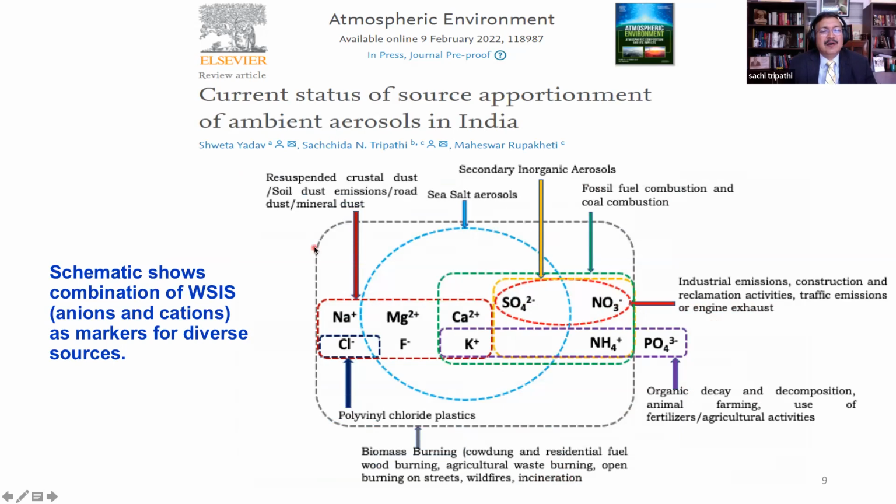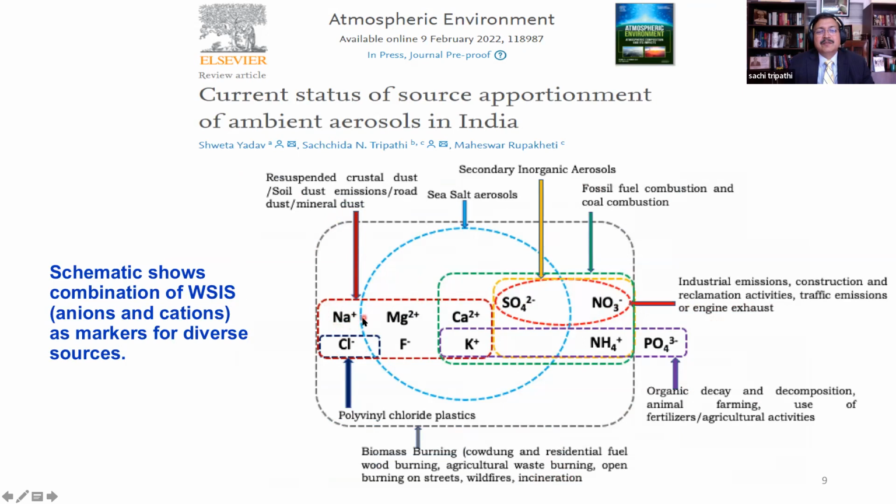Likewise, how do you do this with water soluble inorganic salts? What are the various water soluble inorganic salts, and what kind of sources do they show? The different colored arrows show the ions enclosed in that colored box.